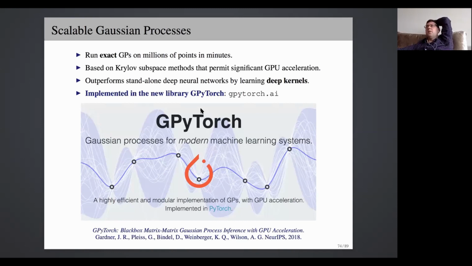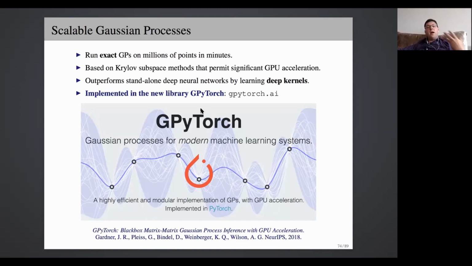Now, a lot of the progress in deep learning has been driven not purely through methodological innovation, but also through embracing advances in hardware and in systems. We have packages like PyTorch, for example, which leverage auto differentiation and GPU acceleration very effectively.